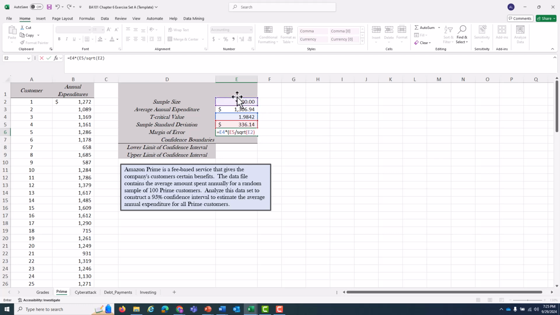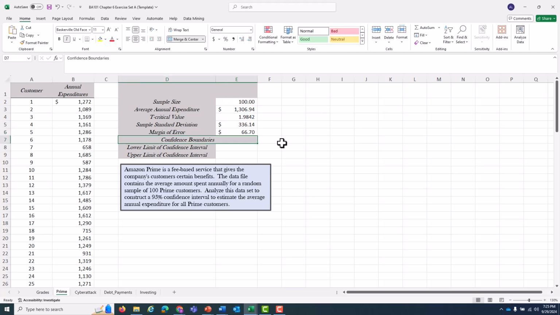This is the formula for how you always find a margin of error for your sample if you're doing the t method. It's always equal to t critical times the sample standard deviation divided by the square root of the sample size. And our margin of error comes out to be, in this case, $66.70.